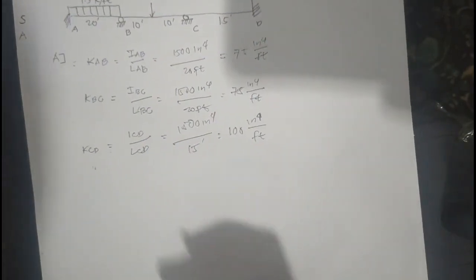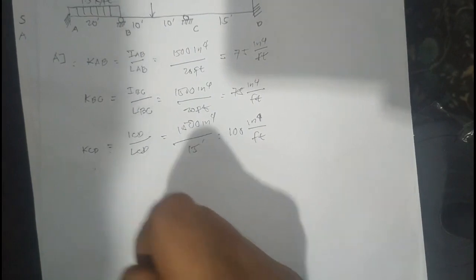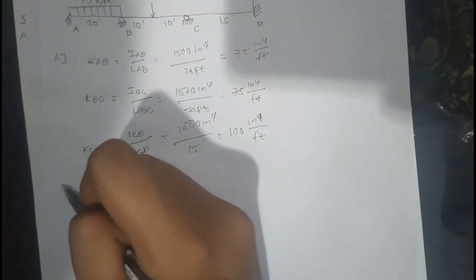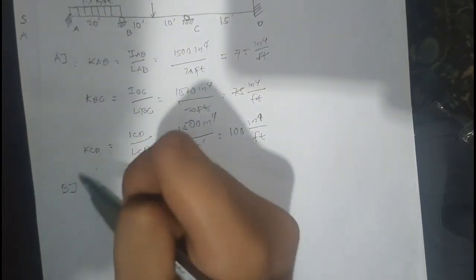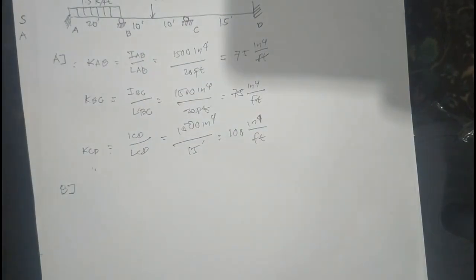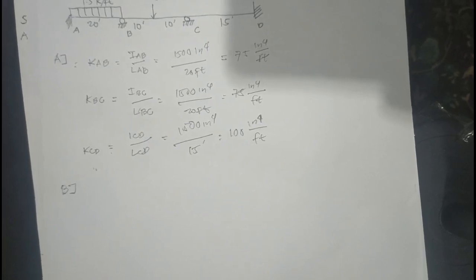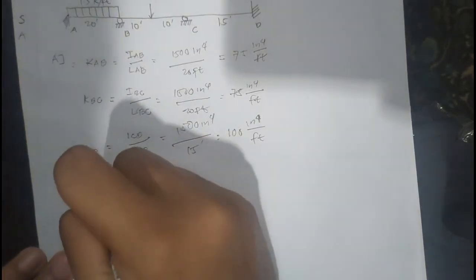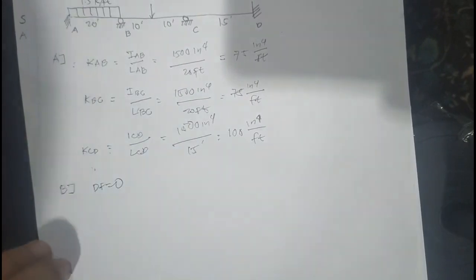Next thing to do is get the distribution factor. Since the end is fixed, DF equals 0.